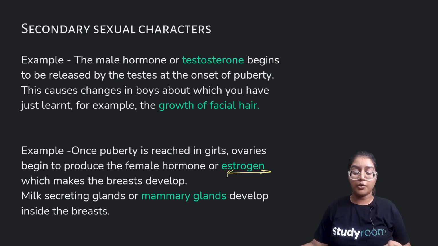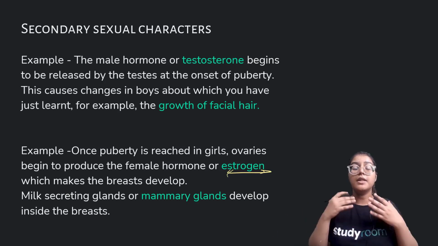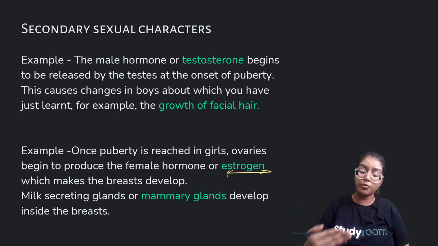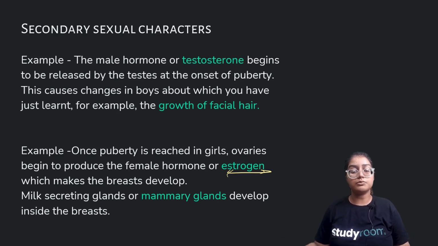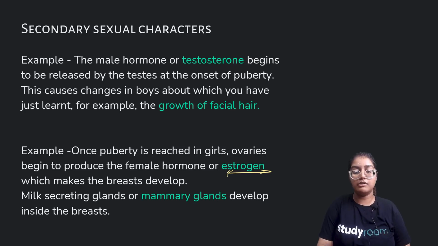Every body has all sorts of hormones, but their composition varies. In boys, testosterone is more than estrogen, whereas in girls, estrogen is more, which makes the breast develop. So breast development happens due to the secretion of the hormone estrogen. Milk secretory glands or mammary glands develop inside the breast. So this is governed by estrogen.